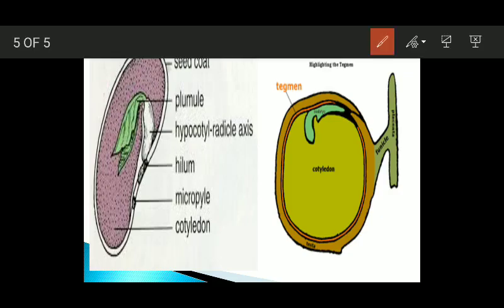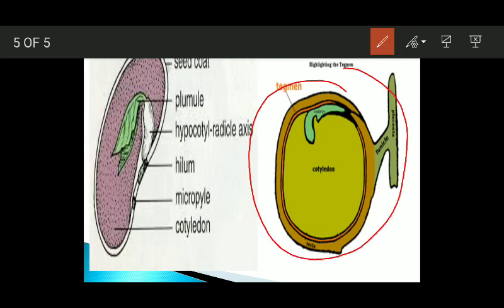Here you can see an overview of the structure of seed. This is the cotyledon. It is this small structure, it is the micropyle, and this structure here is the embryo.